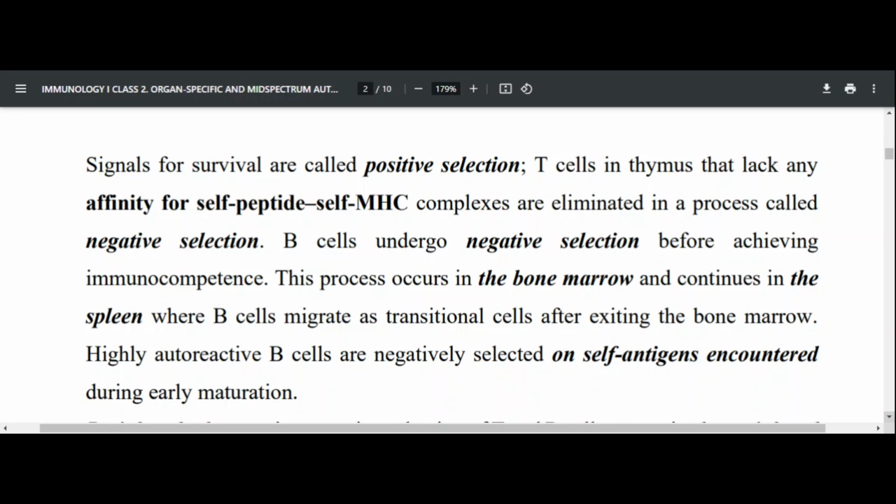T lymphocytes in the thymus that lack any affinity for self-peptide self-major histocompatibility complex are also eliminated. Right? This one is clear.